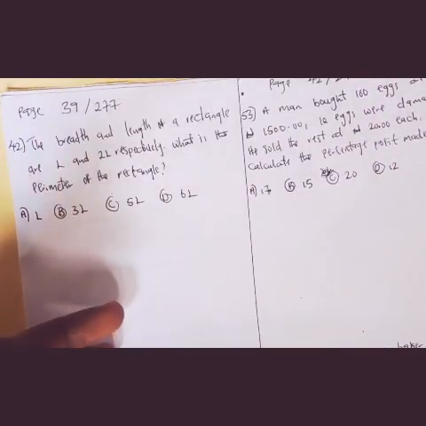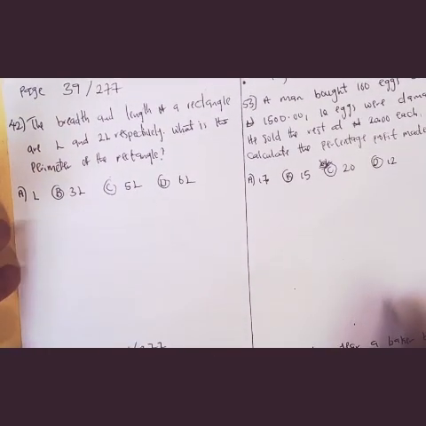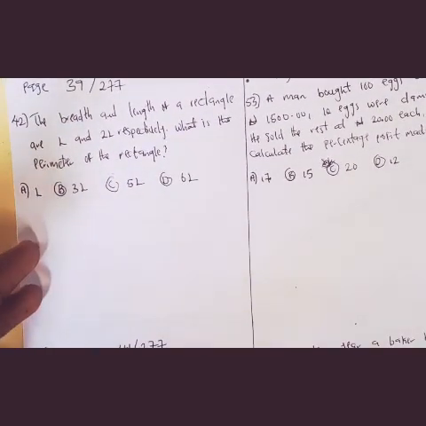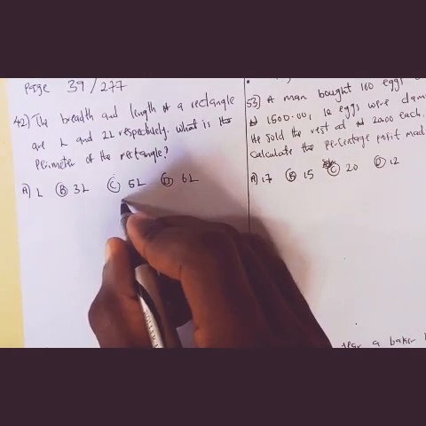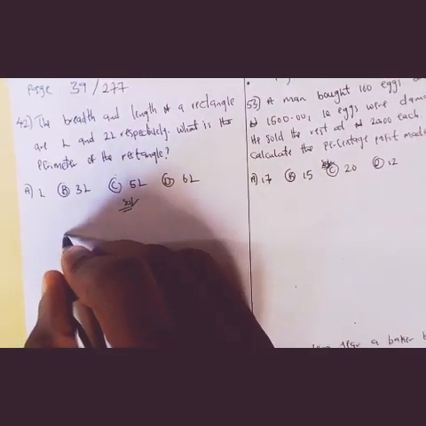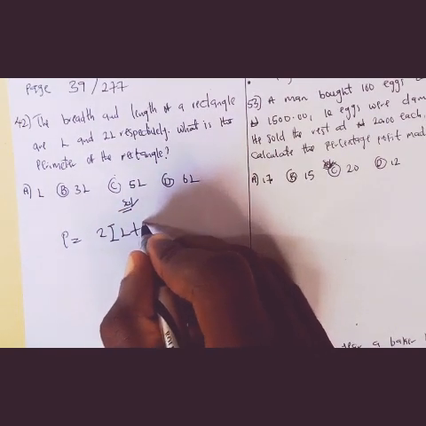So move to page 39 of 277. It says the breadth and the length of a rectangle are L and 2L respectively. What is the perimeter of the rectangle? The perimeter of a rectangle is 2 into the length plus the breadth.